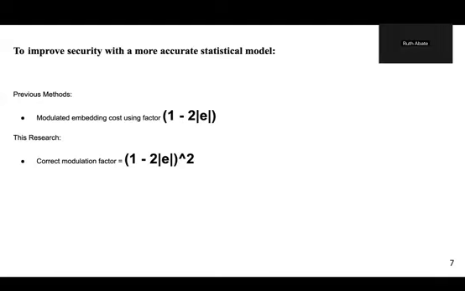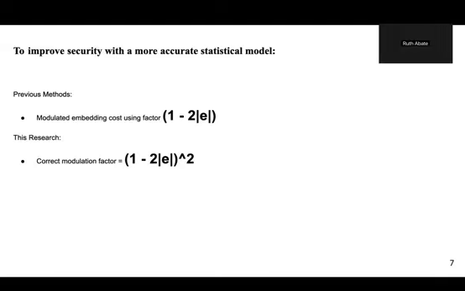However, this approach is heuristic. It's based on intuition rather than a solid theoretical foundation. The author of this paper argues that a more accurate model should be (1 minus 2e) to the power of 2 instead. Why? Because squaring the factor makes the modulation more sensitive to the rounding error, leading to a more secure embedding process.